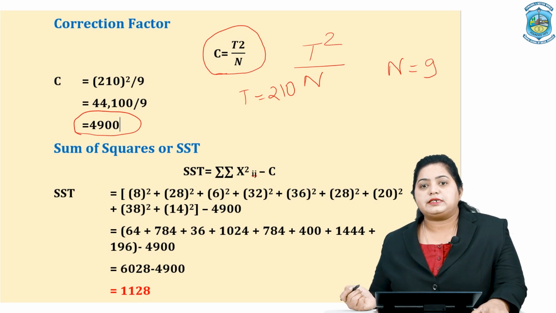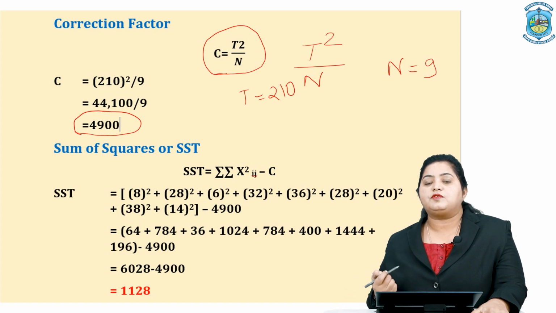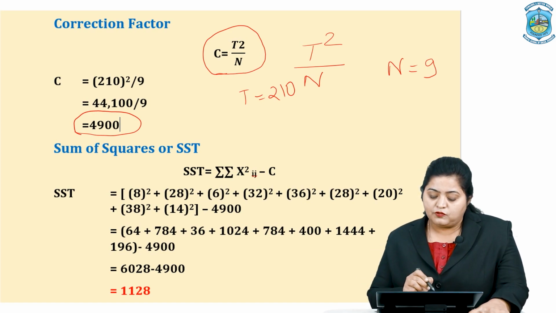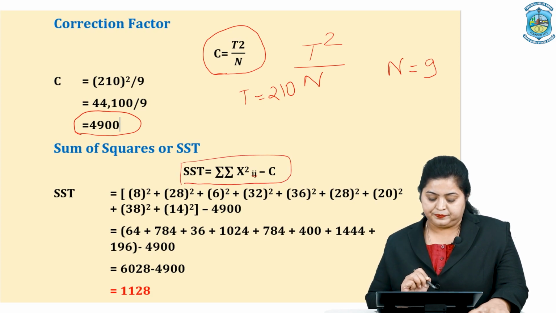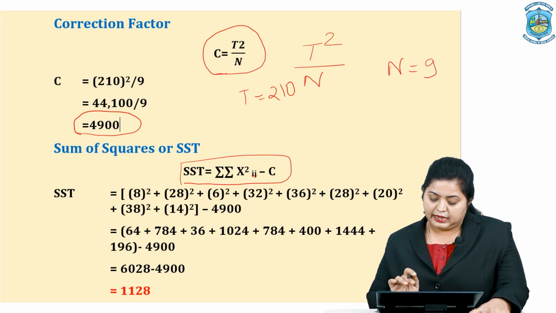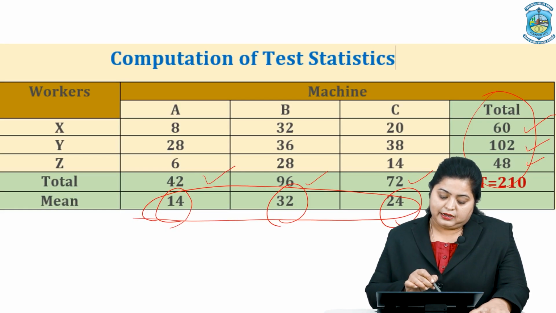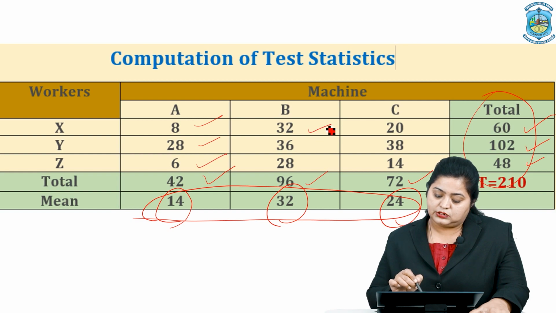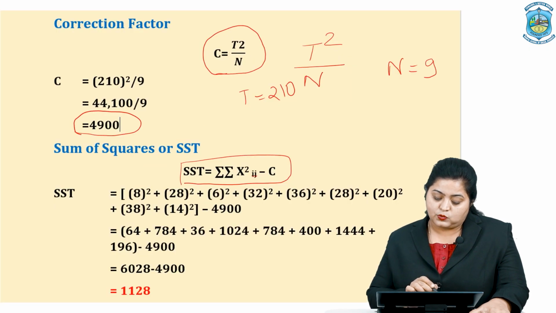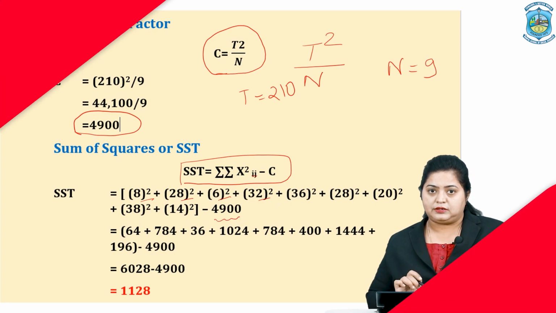Moving forward to the next working rule, that is to find the sum of squares. The formula for SST is the sum total of x square minus C. In the table given here, we have all the values: 8, 28, 6, 32, 36, 28, 20, 38 and 14. For SST, we have to square each individual value and subtract the correction factor.